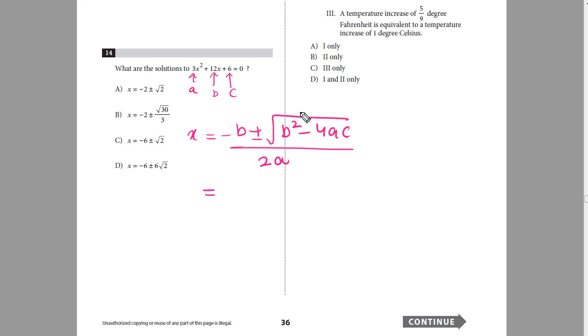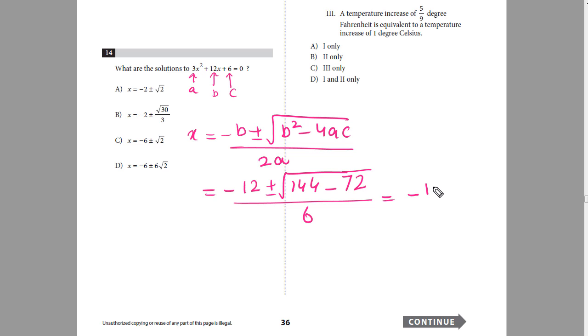Now I'll insert the values of a, b and c over here. So negative 12 plus minus square root, now 12 squared, that is 144, minus 4ac. 4 times 3 is 12, 12 times 6 is 72. So I'll insert 72 over here, divided by 2 times a. So 2 times 3 is 6.